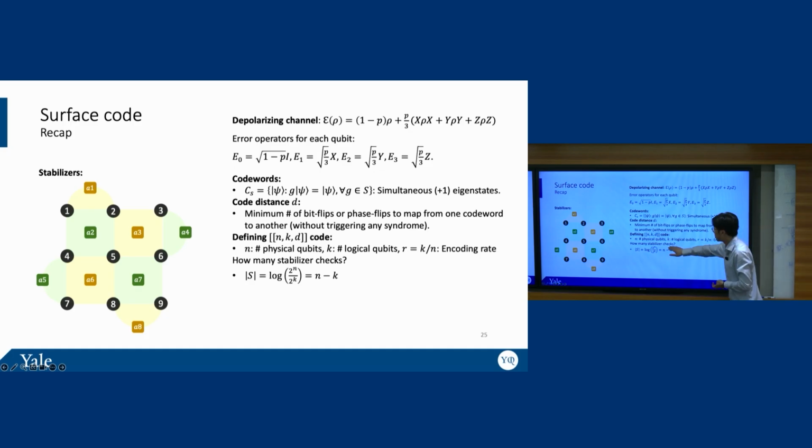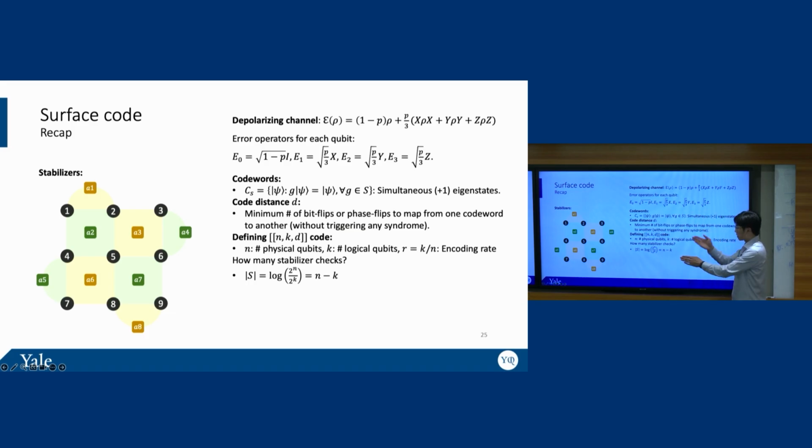In order to get n physical qubits to encode k logical qubits using stabilizers, we know that there will be n minus k stabilizers, because at the end of the day, you are encoding a 2^k dimensional subspace inside of a 2^n physical Hilbert space by cutting up into +1, -1 eigenstates of the stabilizers.